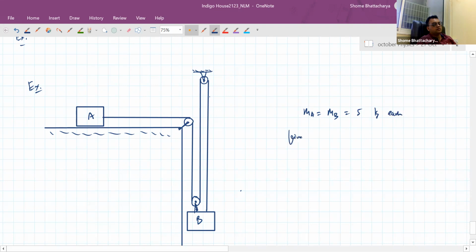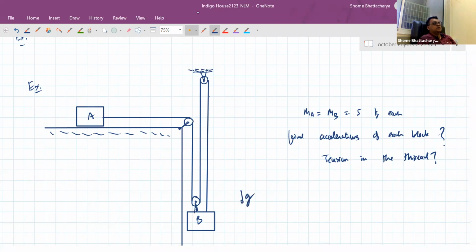So find the accelerations of each block and the tension in the thread. It is a fixed ceiling. So just try out the free body diagram and constraint relation concept we'll discuss.